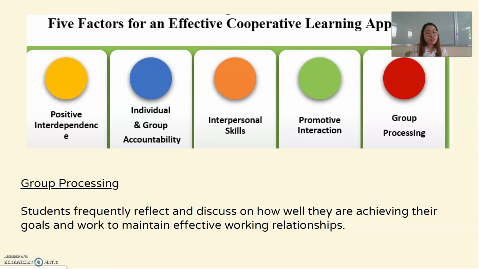Or the teacher could also ask, what went wrong? Ano kaya yung mga dapat niyong gawin? The group members should be allowed to reflect as a group. So that's it for the 5 factors for an effective cooperative learning approach: the positive interdependence, individual and group accountability, interpersonal skills, promotive interaction, and group processing.